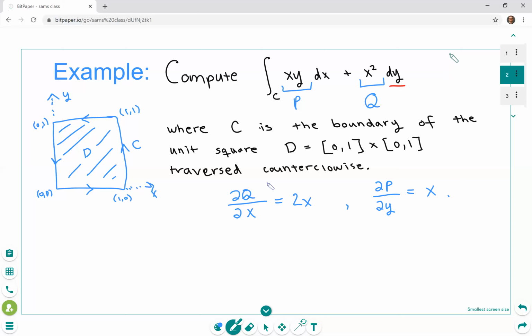Now by Green's theorem, the integral that we're trying to compute is the same as if we just integrated over D the function 2x minus x. So make sure you're always taking the Q derivative minus the P derivative.